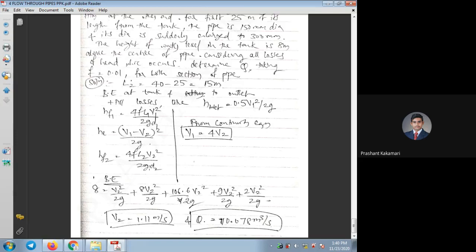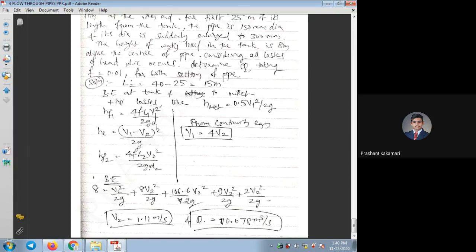So V2 is coming around 1.11 meter per second. And discharge is A2 into V2.